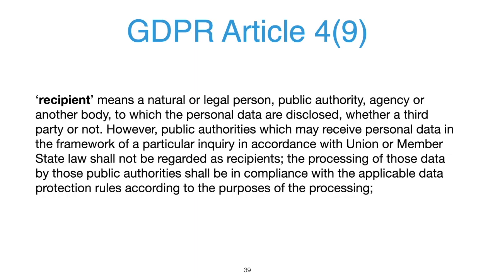In the GDPR, these are called recipients, and there's a definition of that. It's a natural or legal person, public authority, agency, any other body to which the personal data are disclosed.